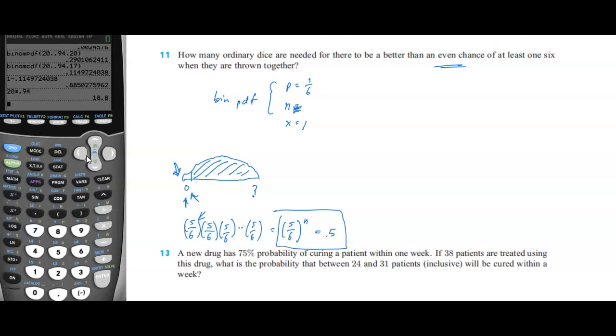Well, there's a lot of ways we could solve it with the calculator, but one of the ways would be to take the log, right?